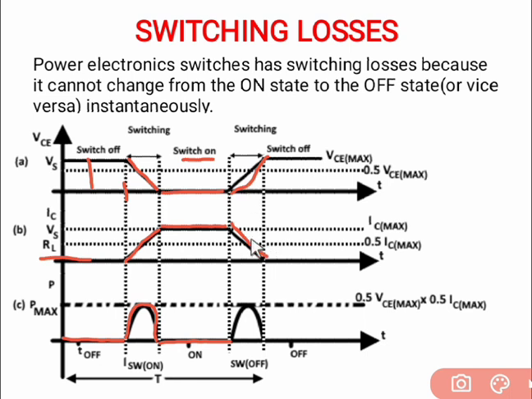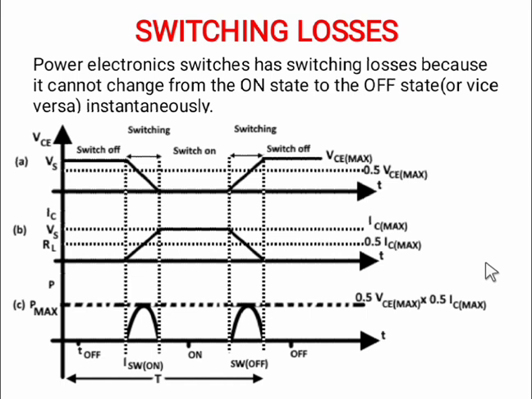If we multiply these two, we get the power. So when we turn on the device and when we turn it off, the power loss occurs during turn on and turn off, and it is 0 for the other conditions. So this loss is known as the switching loss of the device.